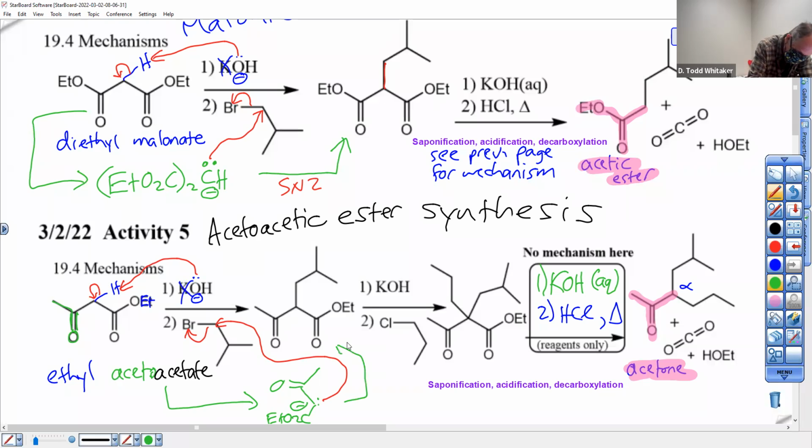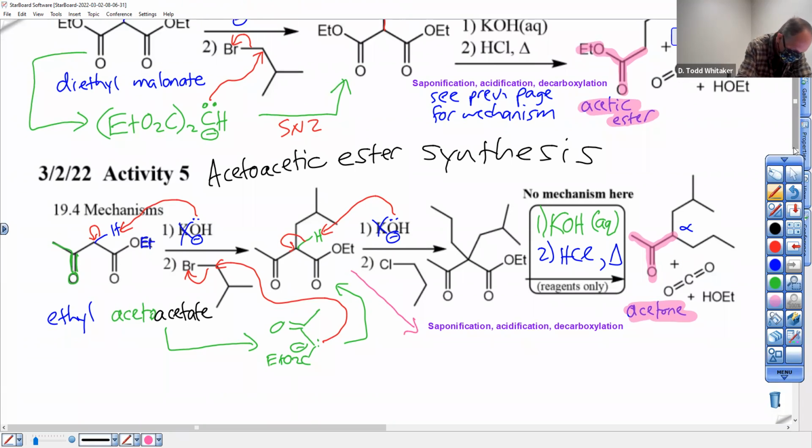Oh, but there's another synthesis, so look at me. Here I was thinking we were done. Hey, if there's still more alpha H's, let's do this one more time. Double synthesis, double the fun. KOH, grab H. We'll go with pink. A little more room here.